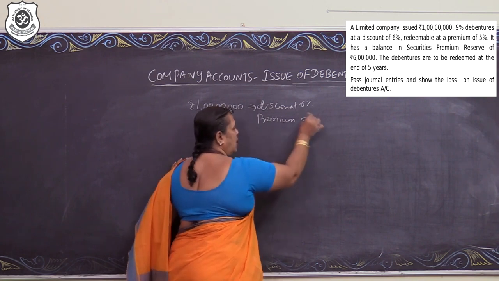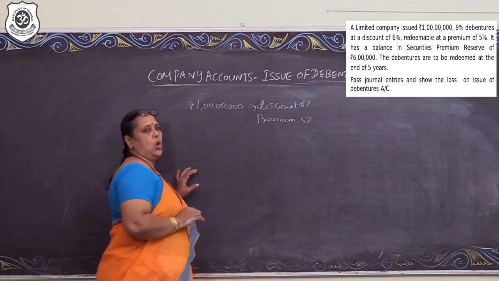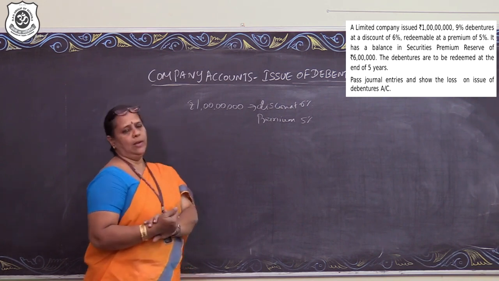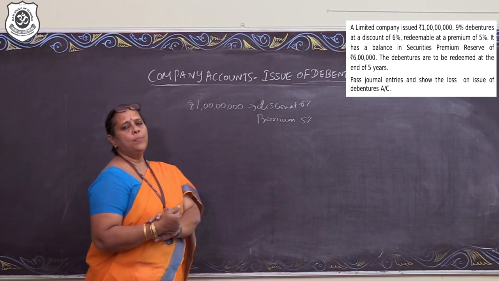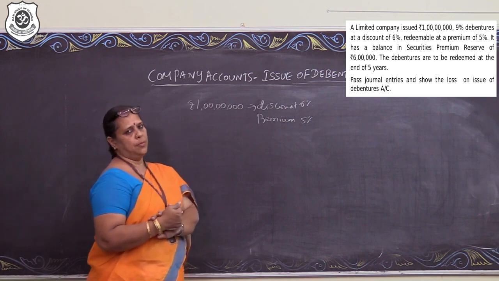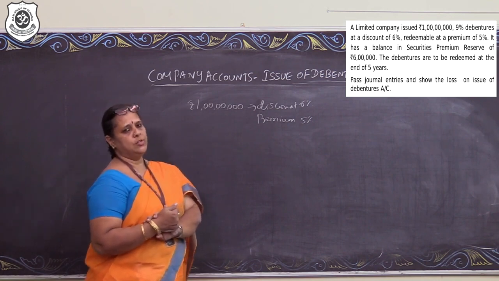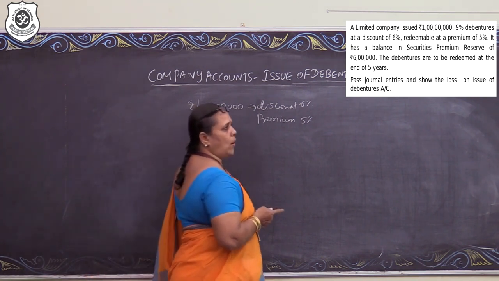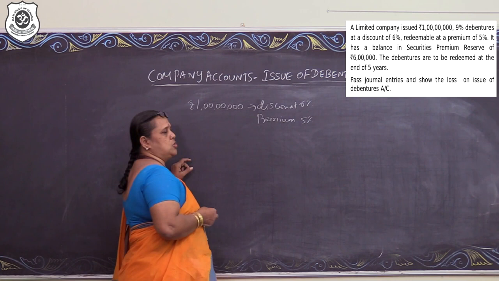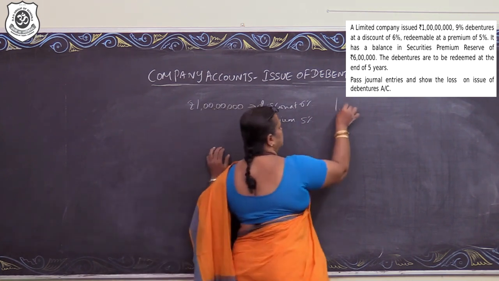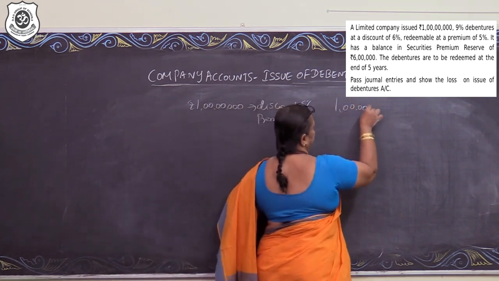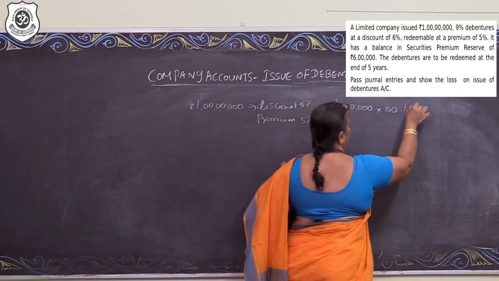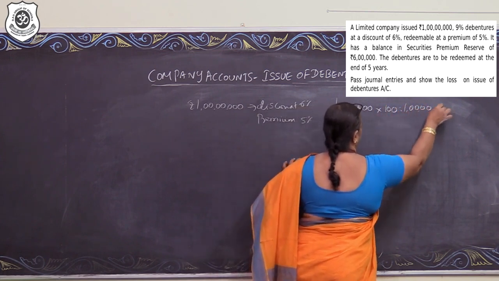So, totally the company will be suffering a loss of 11% of the total value. I already told you, in the absence of any specific information, the face value of debenture is always 100 rupees. So, rupees 1 crore debenture means totally 1 lakh debentures of rupees 100 each gives you 1 crore.